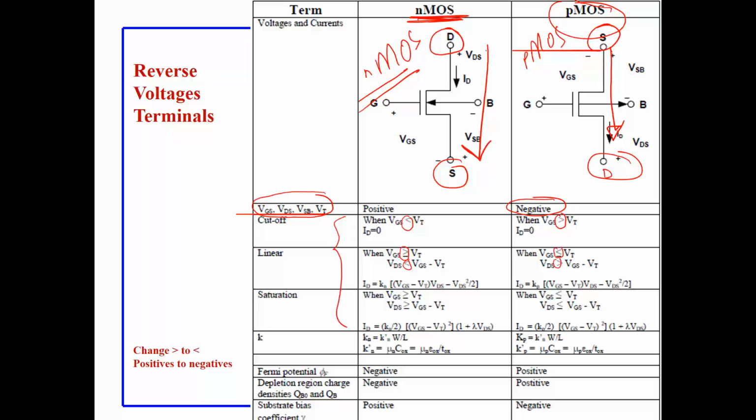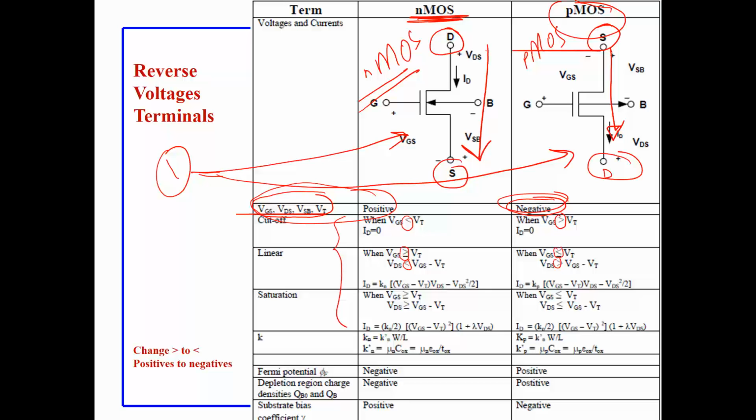We will reuse the same equation, but you flip the relationship. So the first change, you have to know the current flows from source to drain in the PMOS as opposed to drain to source in the NMOS. The second change, voltages are positive in the NMOS, they are negative in the PMOS. And the third change, these relationships will be flipped for the PMOS.